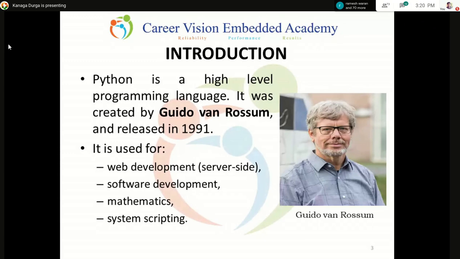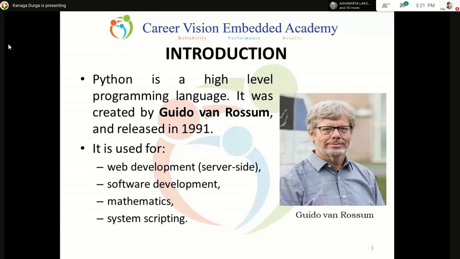Hence, they proceeded to develop another language from ABC, rectifying the disadvantages of ABC, and that is when they developed Python. Python overcame the disadvantages of the ABC language. It is a high-level programming language, very easily interpretable, and easy for users to learn.